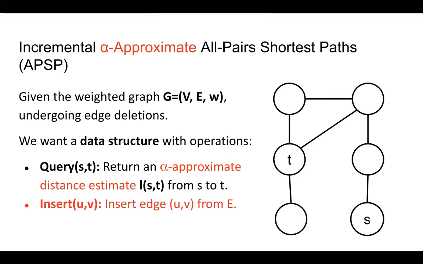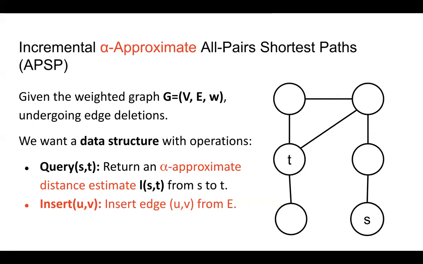So again, what we want in this talk is for a graph undergoing edge insertions, a data structure that is able to answer queries for any pair of vertices S to T up to an alpha approximation. And then we want to be able to insert new edges and do more queries and then more edge insertions and so on.